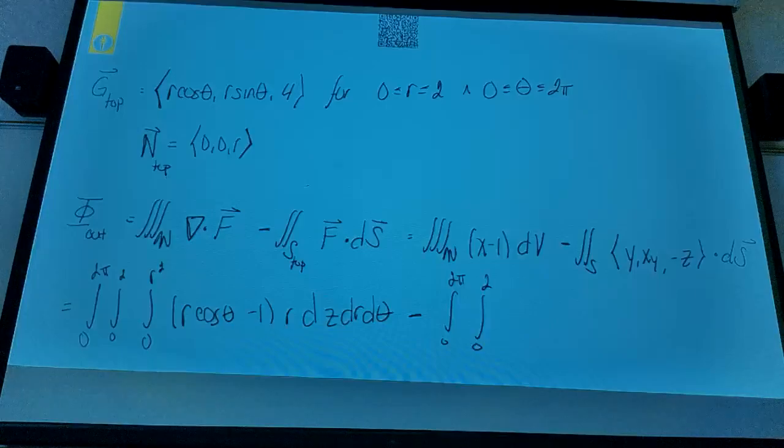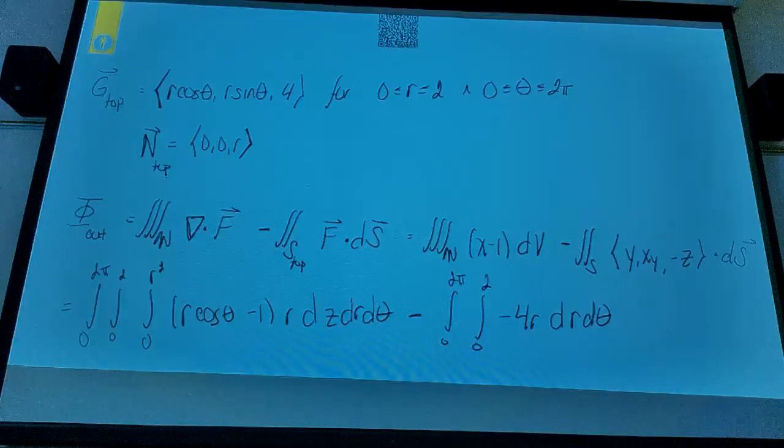All right, well, I'm dotting it, so it's going to be 4r, right? Or negative 4r, rather. z gets replaced with 4, and you take the dot product, the first two components are 0 anyway. That would be the setup. I'll let you evaluate that because I'm out of time.